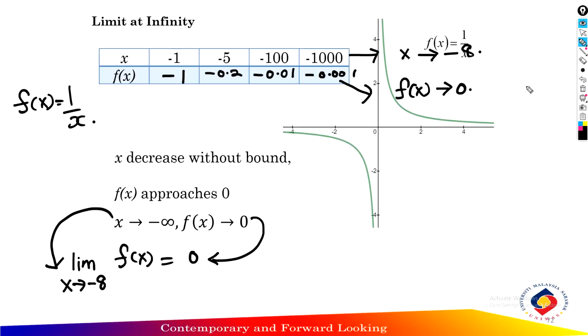For the graph of the rational function, we know that the value of x is less than 0. When x goes to negative infinity, the value of x is less than 0 and negative. So maybe start from here, negative 0.01.